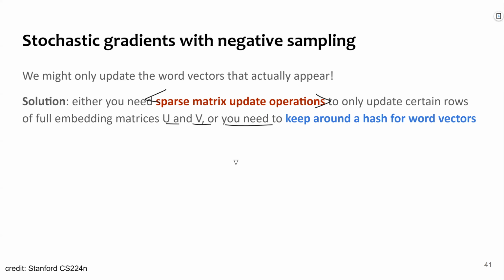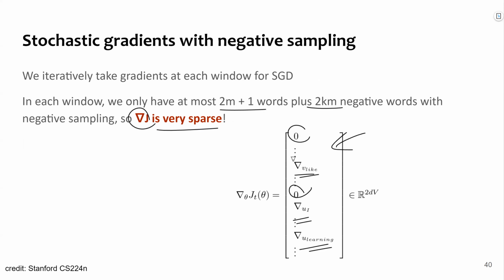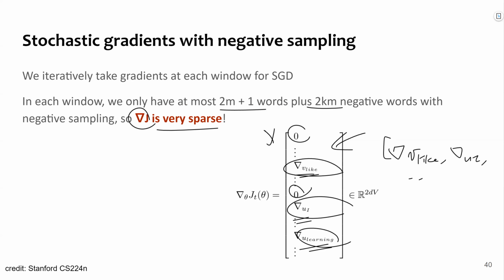So what we are going to do is think about these parts as hashes. We are not going to construct this gigantic sparse matrix, but we are going to just have this hash or list of gradients that only have some values.